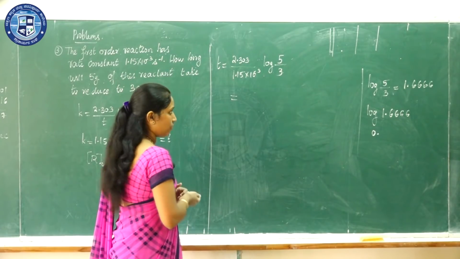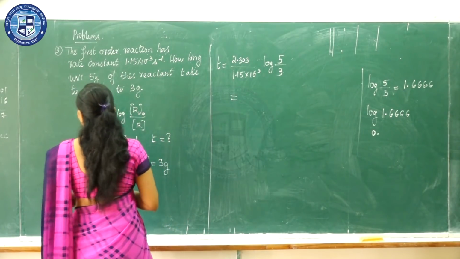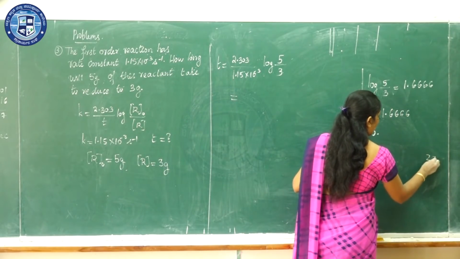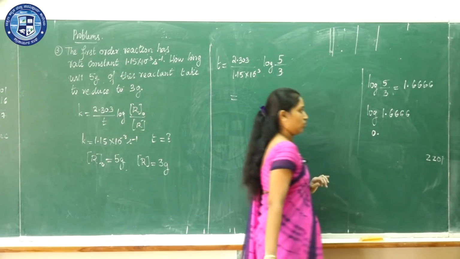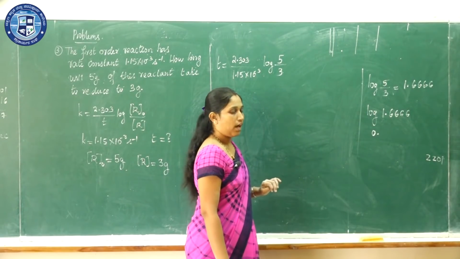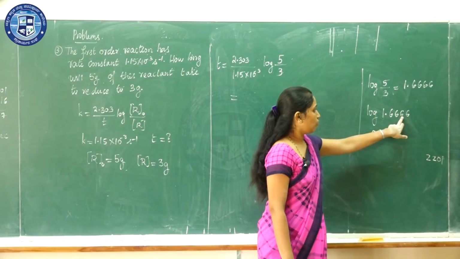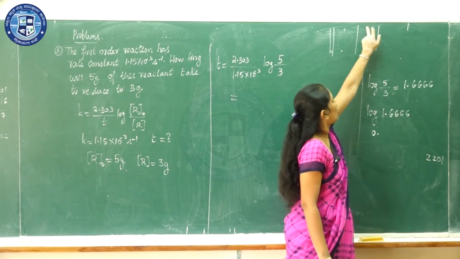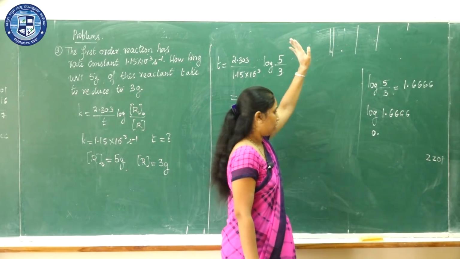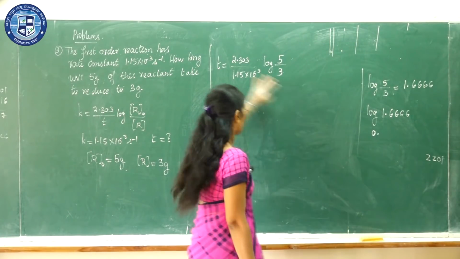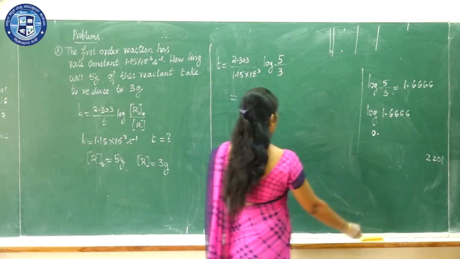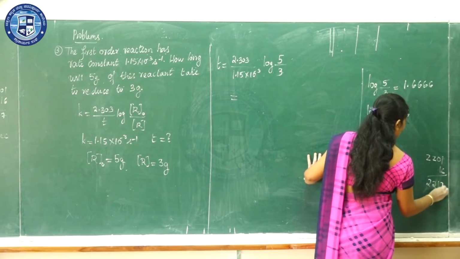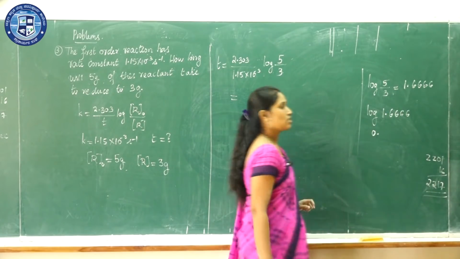If you refer to the log table, it comes out to be 2201. And we have a 4th digit here. For the 4th digit you have to look into the column of mean difference and add it here. The mean difference value comes out to be 16. So you just have to add it, it becomes 2217.